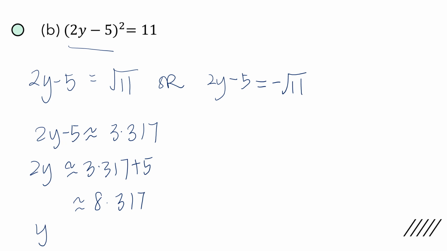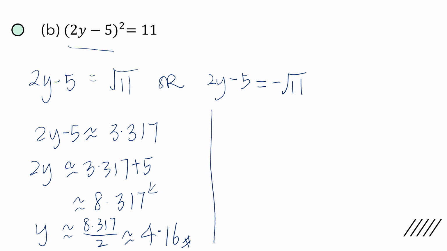So to find the values of y, I just take 8.317 divided by 2, and that gives me 4.16. Final answer should be 3 significant figure, but before your final answer, in between at least 4 significant figure. So there will be two answers for the values of y, because you're actually solving a quadratic equation.